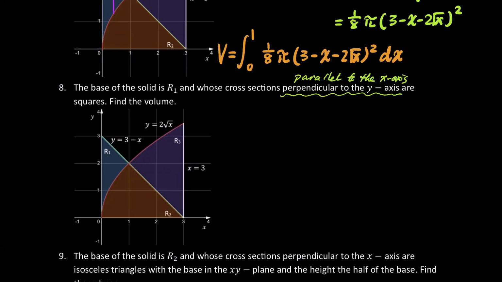Okay, so perpendicular to the y-axis, so we cut it horizontally, right, from our perspective. So just like how we did the area, if we do it horizontally, we cannot formalize using one formula. We have to break it into two pieces.